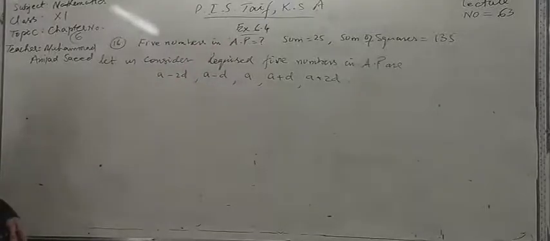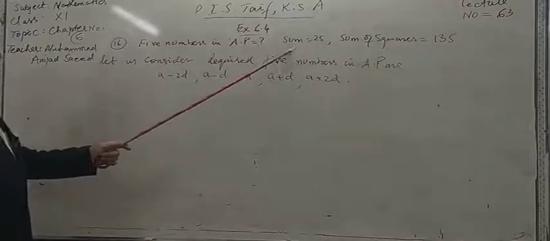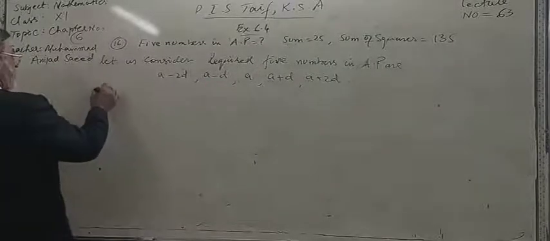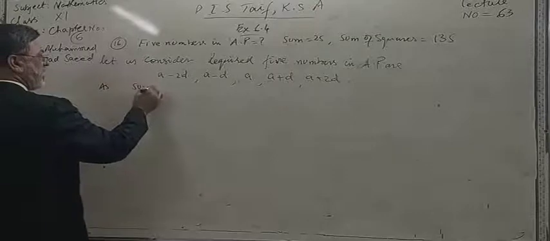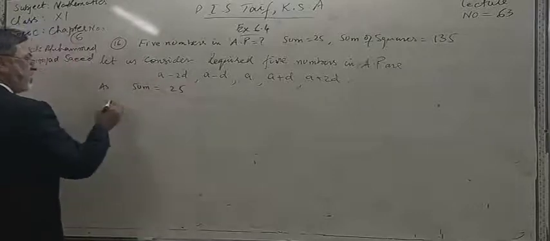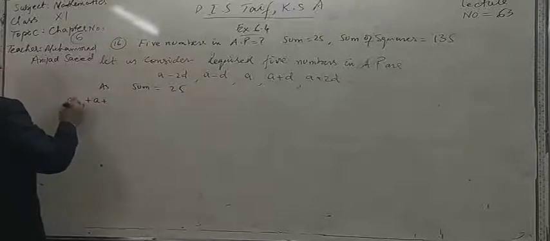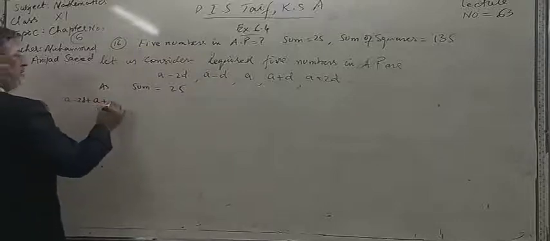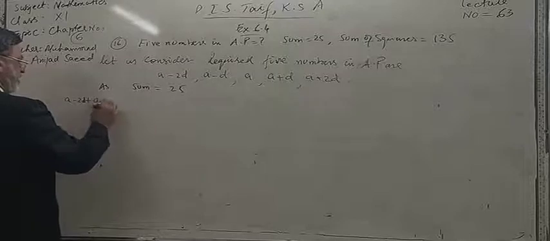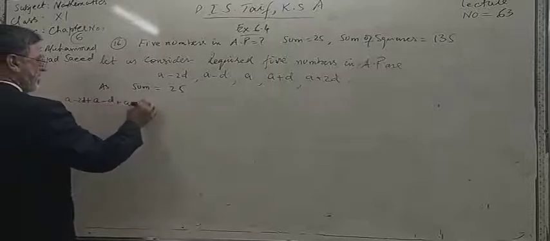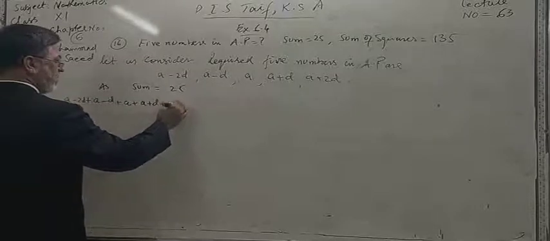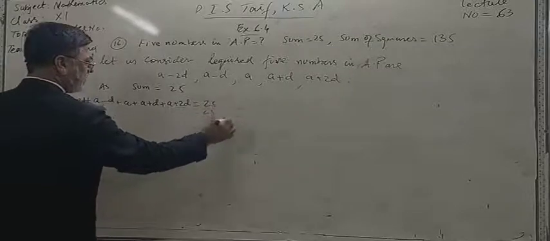progression. So what was the first condition? The sum is equal to 25. So A minus 2D, then A minus D, plus A, plus A plus D, and A plus 2D is equal to 25.